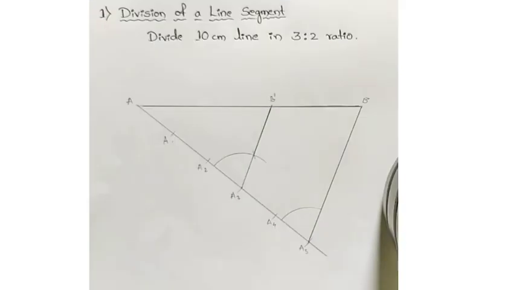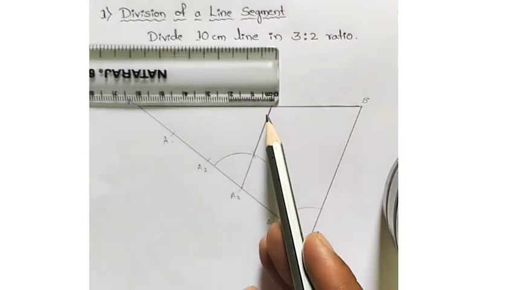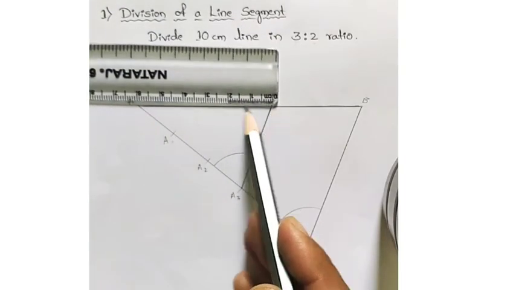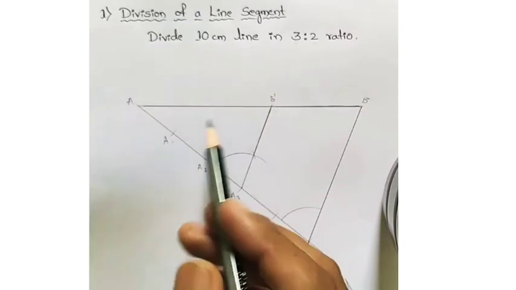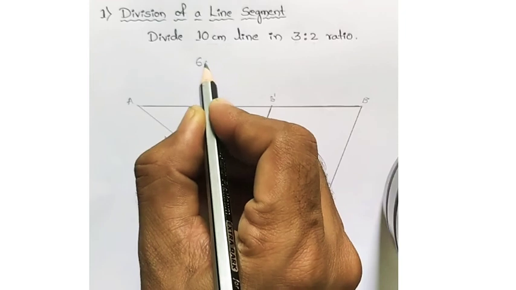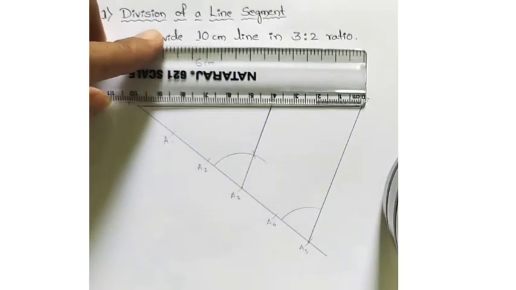How to cross check that? Our line segment divided in the ratio of 3:2. So for this what we have to do? First measure the first part, that is A to B dash. How much it is? We are getting here 6 centimeter. And B dash to B how much?